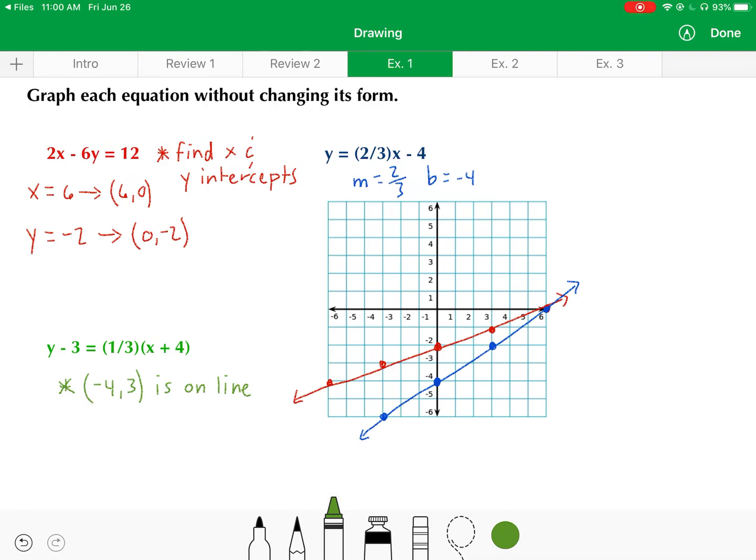So I am going to plot that point. And then I can also tell you that the slope of this line is 1/3. So from this point, I'm going to rise up 1 and I'm going to run 3. Do that a few times. Or I could have gone down 1 and left 3.